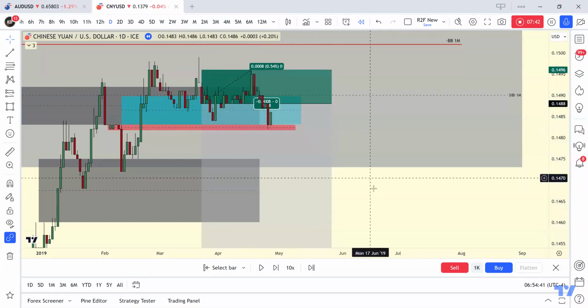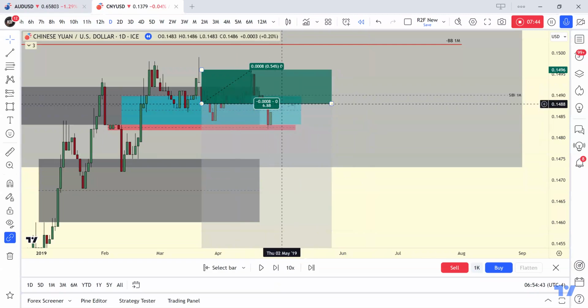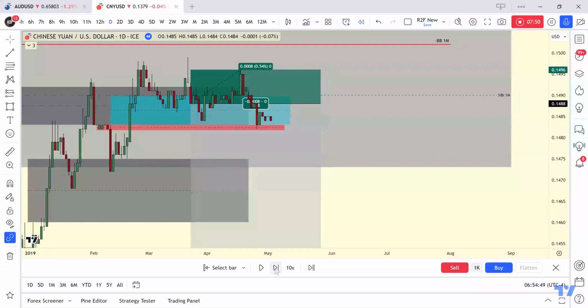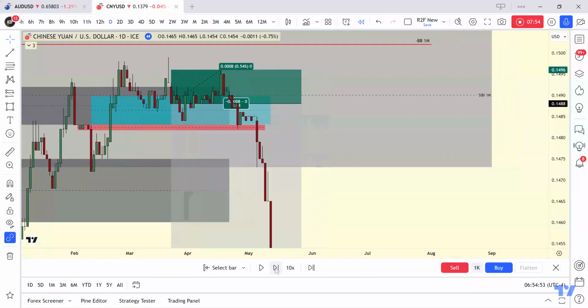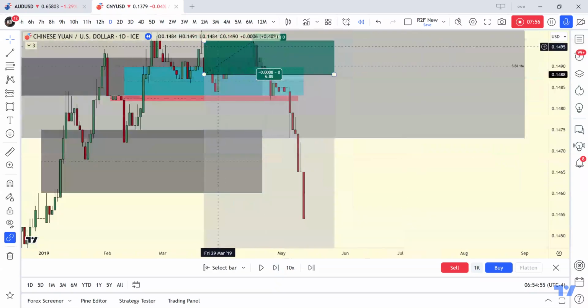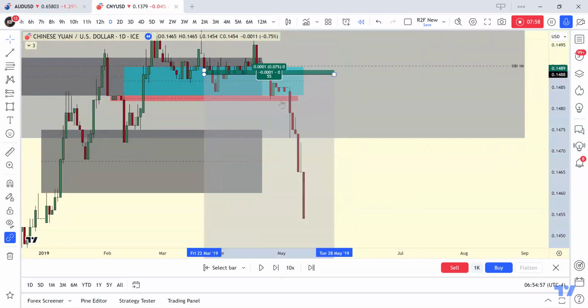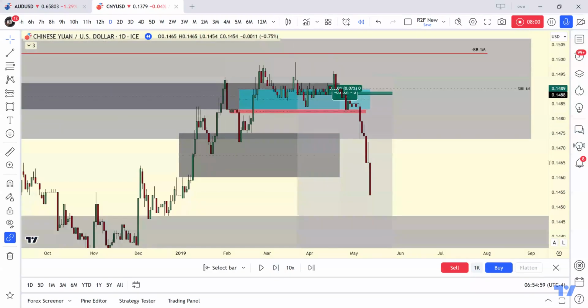So I'm reducing my risk. It's too early to trail my stop because we can get stopped out there. Trail it to break even. Okay. All right, now is a great time to trail my stop to break even, I would say.